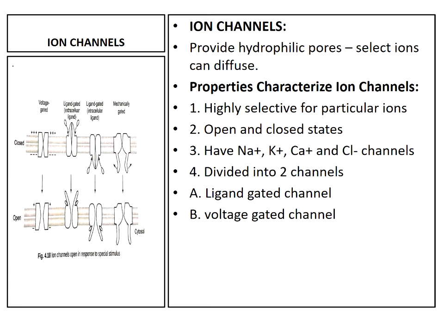These ion channels are divided into two types, that is ligand gated channel and voltage gated channel. You may observe in this diagram the voltage gated channel and also the ligand gated channel.